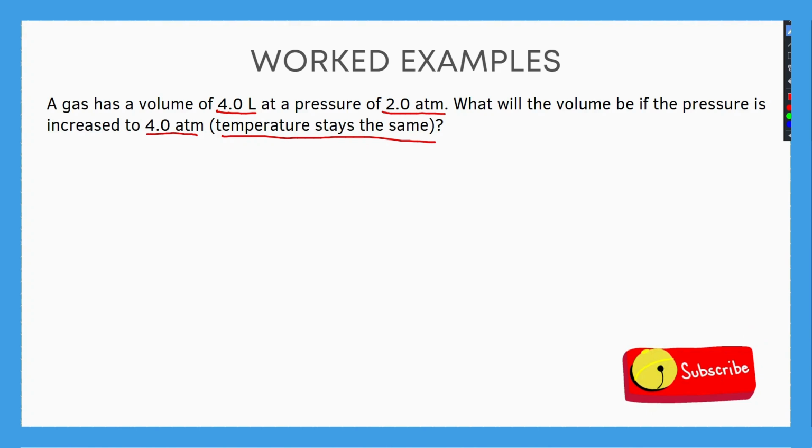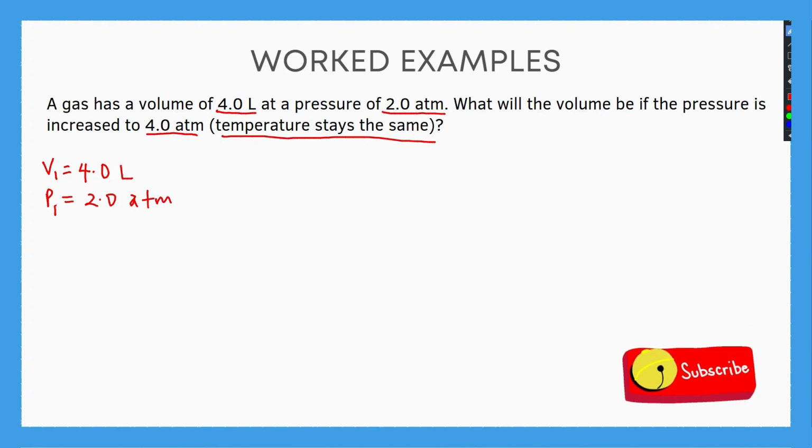They started off by saying a gas has a volume of 4.0 liters, which tells us that V1, the initial volume, is equal to 4.0 liters, and a pressure of 2.0 atmospheres. Initial pressure P1 is equal to 2.0 atm.